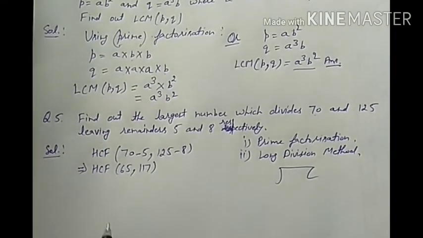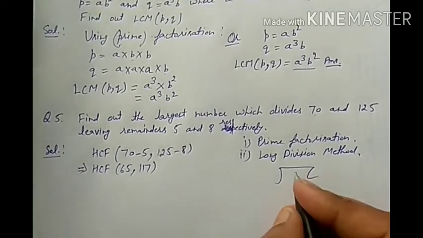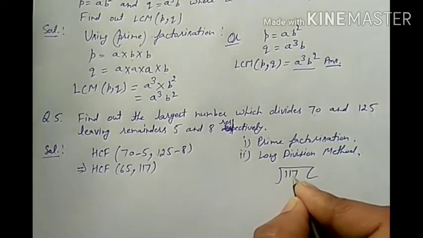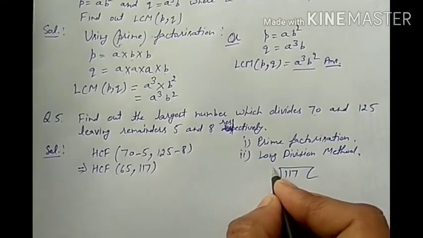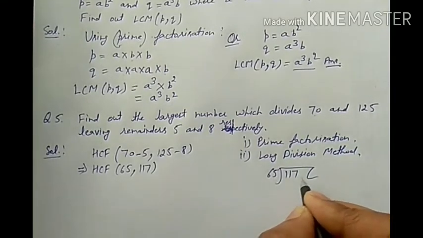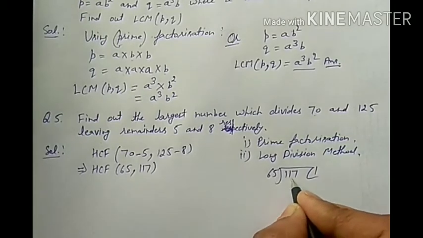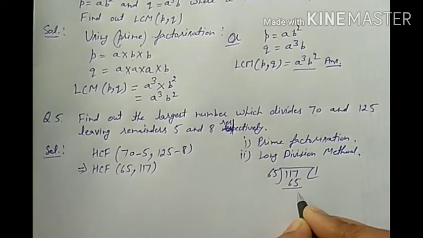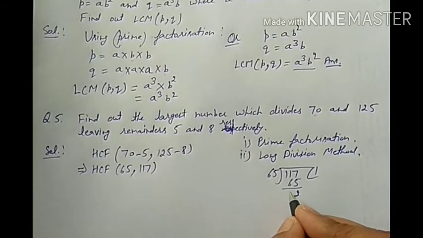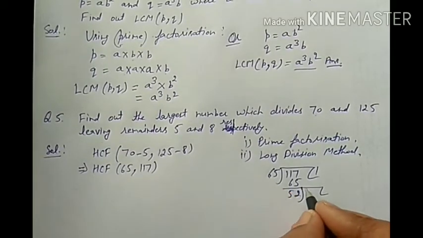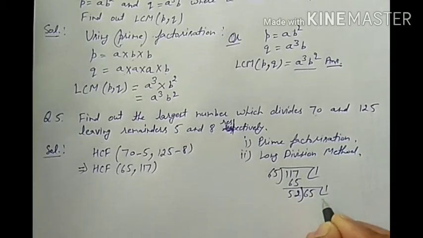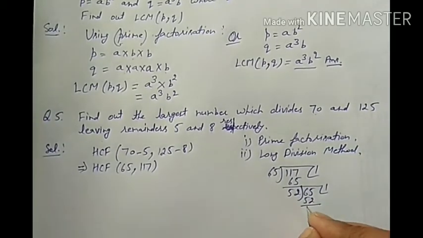Since 117 is greater than 65, so 117 will be dividend and 65 will be divisor. 65 1 is 65, so remainder 52. Now our divisor will become dividend. Again 1 is 52 and here remainder is 13.